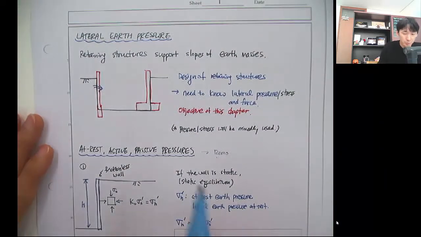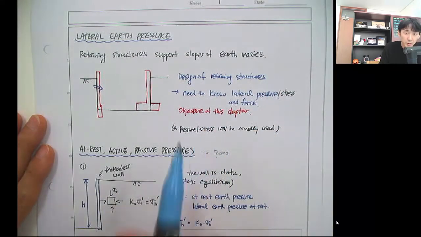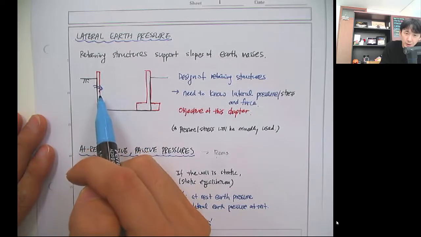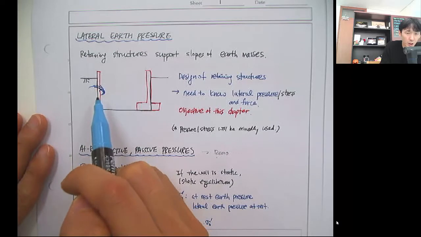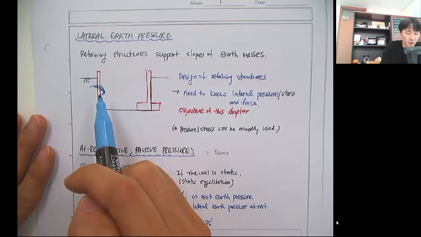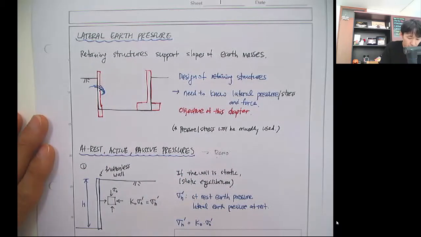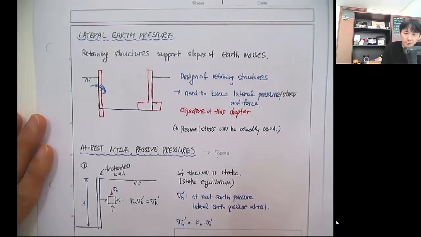Retaining structures support the slopes of the Earth's masses. The main purpose is to prevent the soil from collapsing. You don't want to have the soil just collapsing onto a highway or into houses in a residential area, so you install some wall to block the soil.